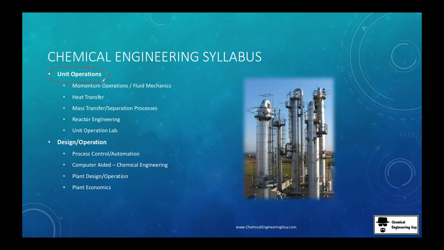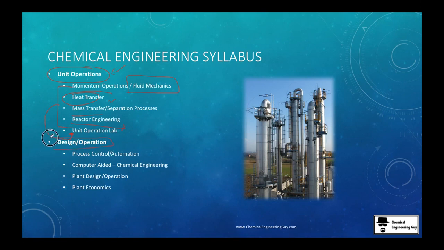Now, unit operations, as the name implies, are equipment that carries out one single operation. So we have momentum operations, or maybe you call it fluid mechanics, heat transfer, mass transfer, and separation processes, reactor engineering, and once you get those, you're going to probably study unit operations right here.